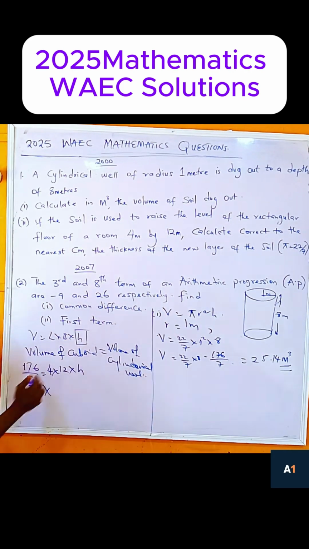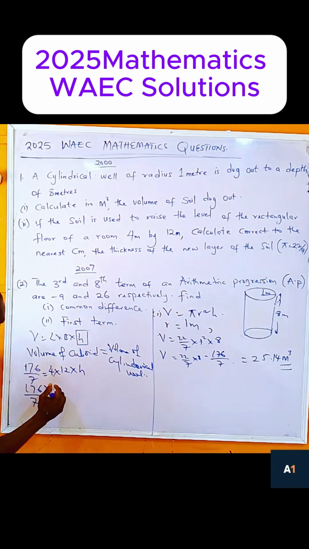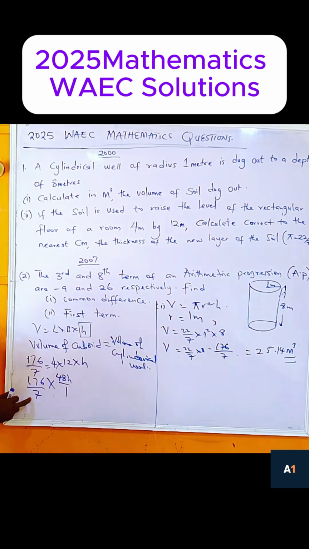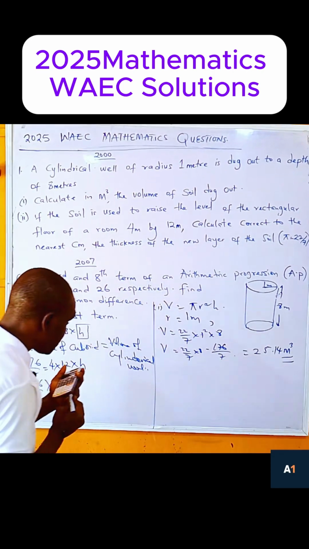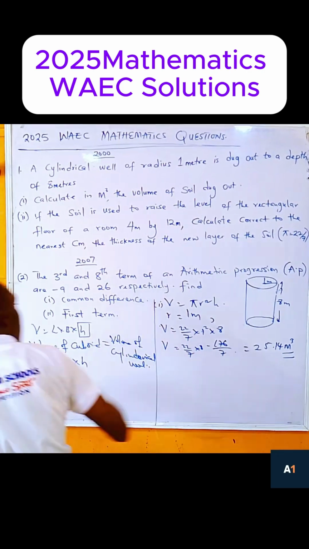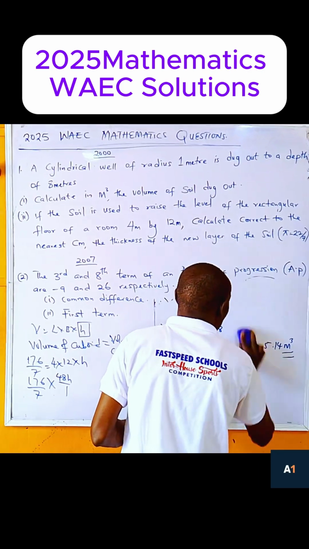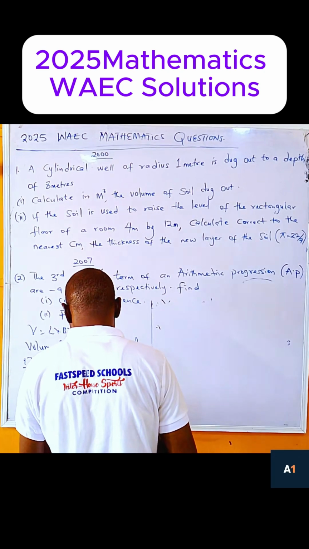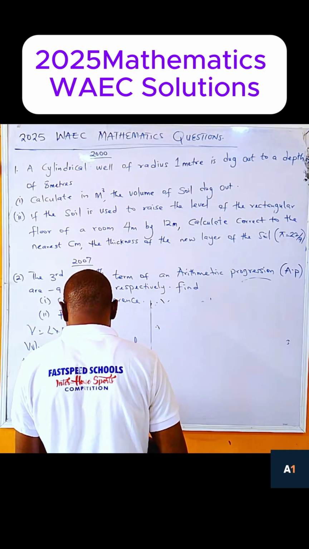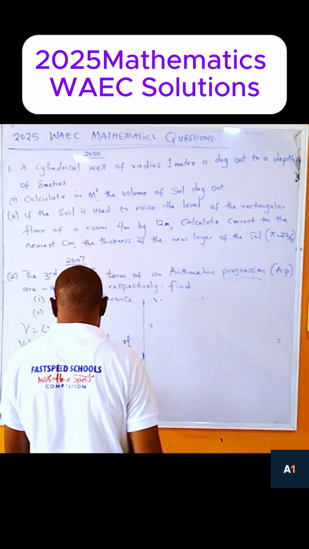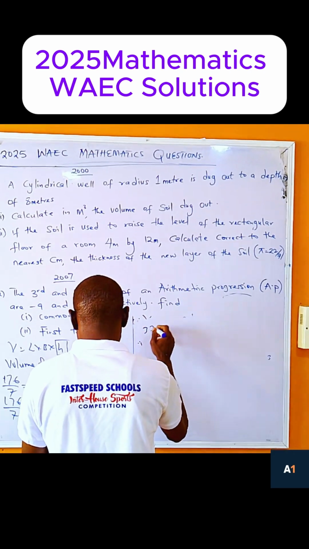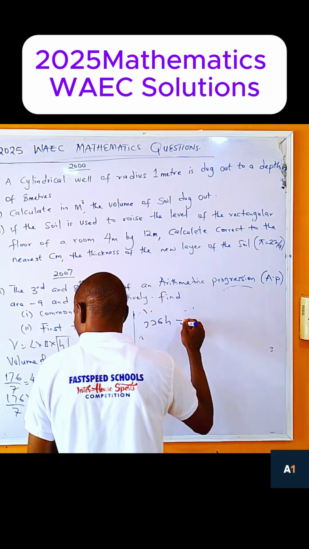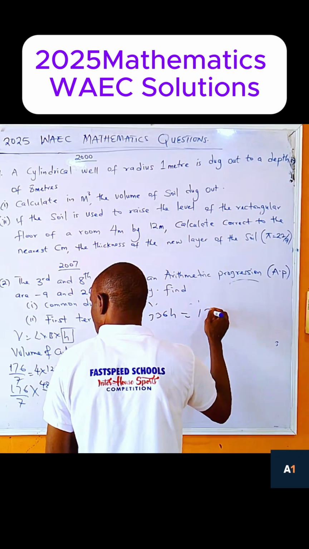So 176/7 equals 48h/1, then cross multiply. This one multiplied by this, and this one multiplied by this, we have 48 times 7, we have 336h, equal to 176.